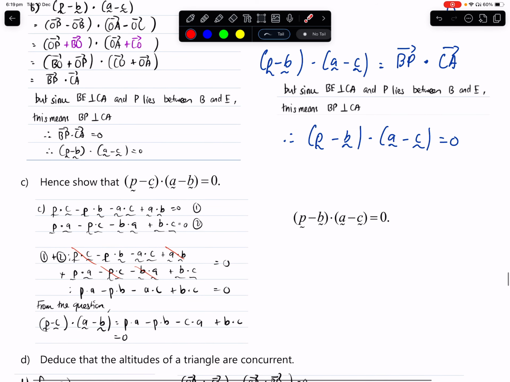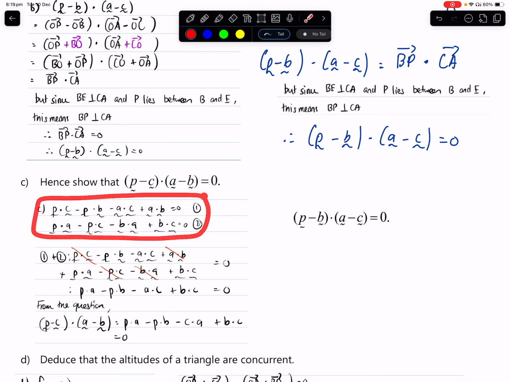Now, let's also expand this one. Let's say we didn't know that we had to do that. If we expand this, P dot A, P dot minus B, minus C dot A, and plus C dot B, that gives us this result here.